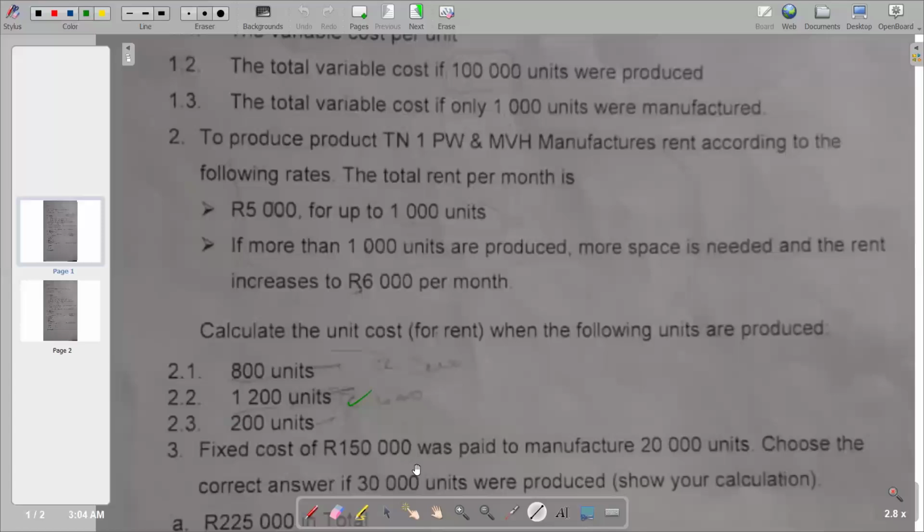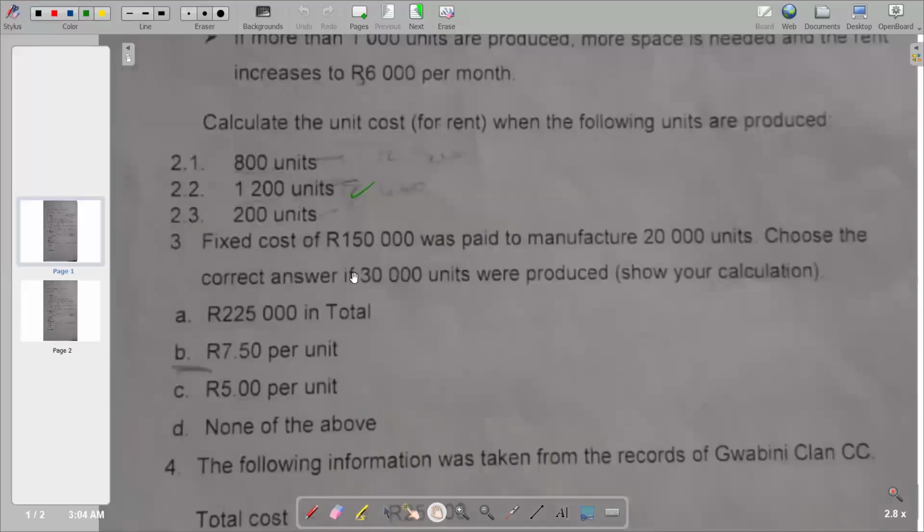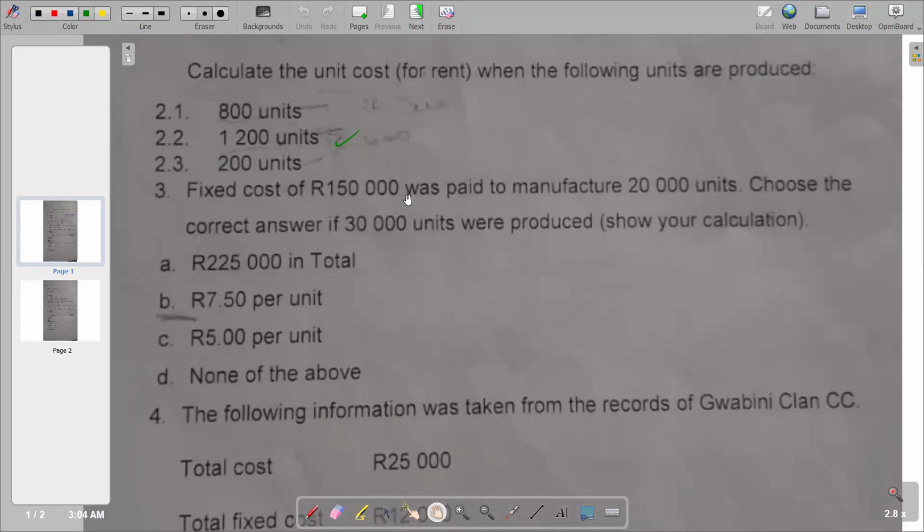So we move on to question 3, which says a fixed cost of 150,000 was paid to manufacture 20,000 units. Choose the correct answer if 30,000 units were produced. Remember, this is a fixed cost, and a fixed cost does not change with the level of output.